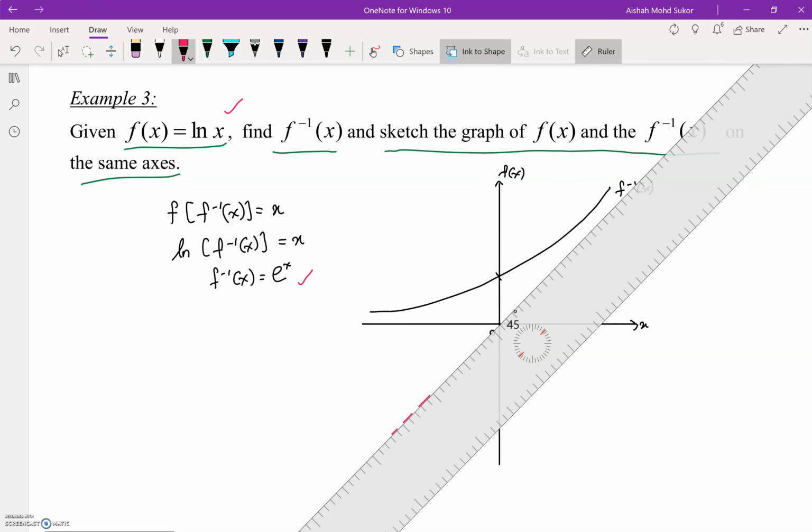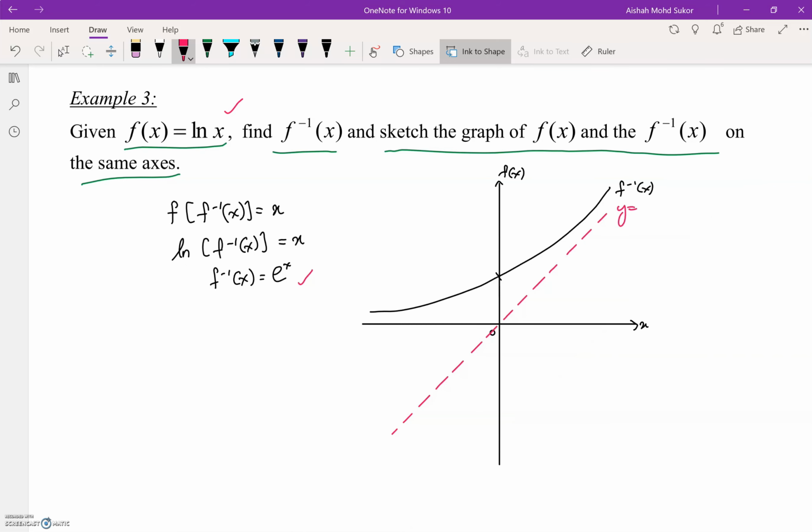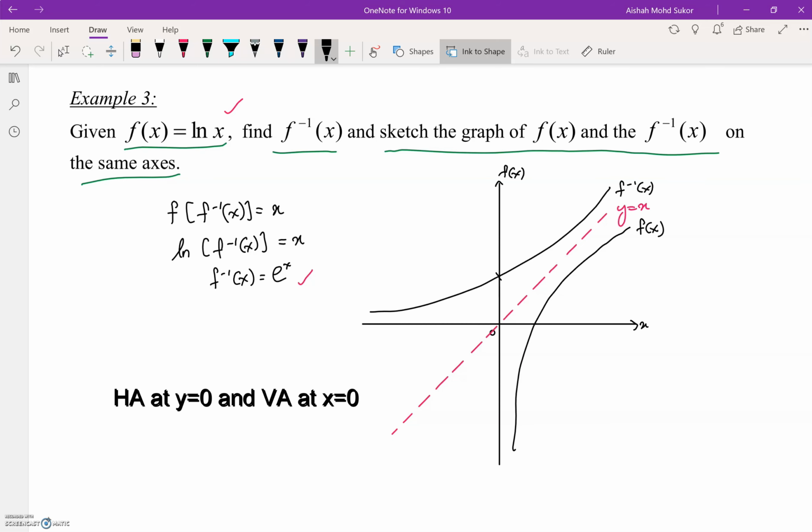To get the other graph, you just need to reflect your graph at y equal to x. So this will be your graph for f(x). If you have the y-intercept at 1 for f inverse, then it will be the x-intercept for f(x).